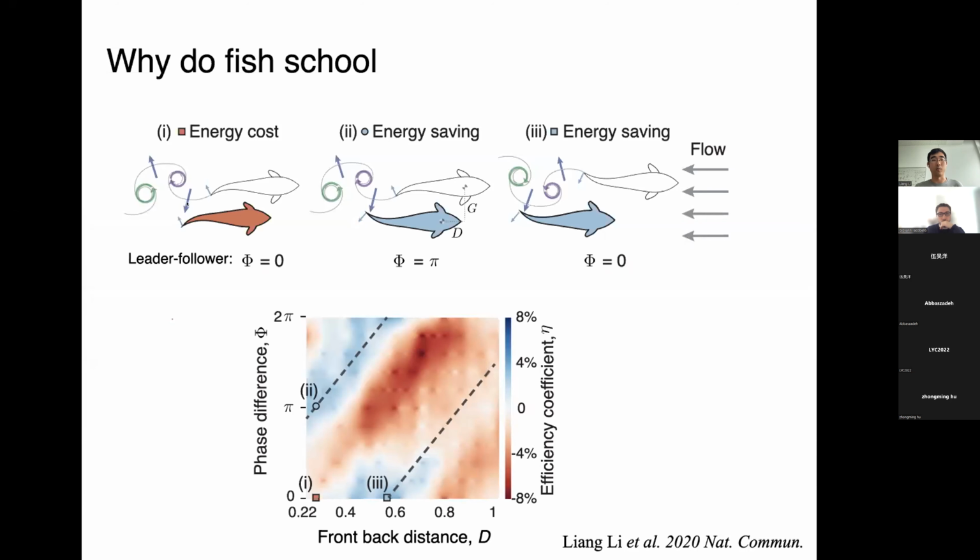Otherwise, the follower costs more energy. It's a very simple principle. You don't need to have very detailed flow fields, but it nicely explains the experimental data we get. So this dot is predicted by our rule based on this simple principle, and as you can see, they match quite well.